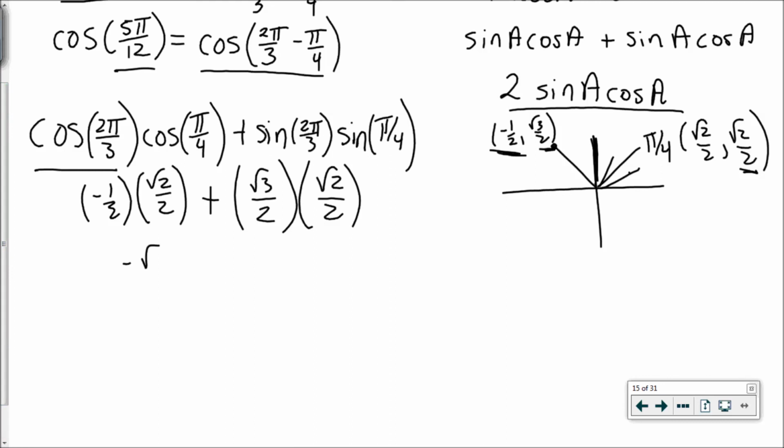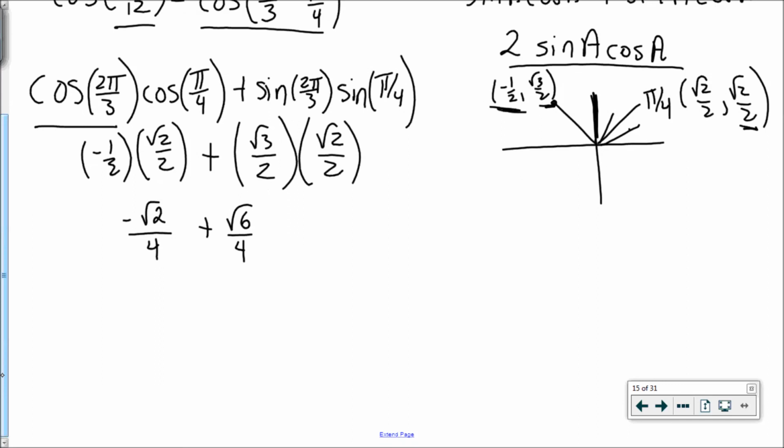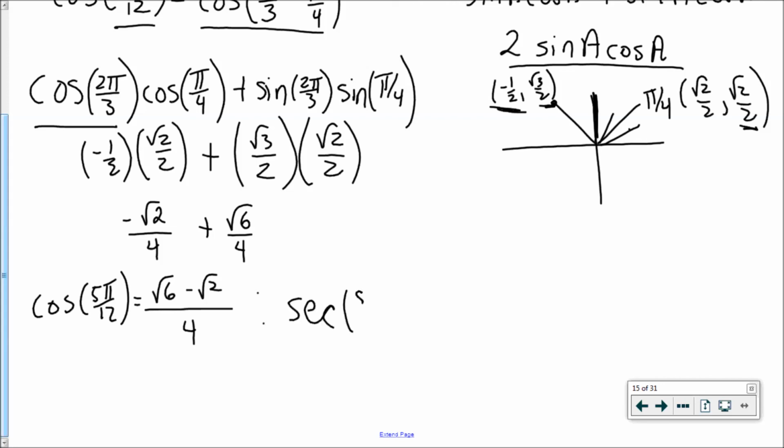So here I get negative root 2 on 4 plus root 6 on 4. And if I combine those, I'm going to have root 6 minus root 2, I've just swapped the order, all over 4. And that's the cosine of 5 pi on 12. So the secant, therefore, of 5 pi on 12 would just be the reciprocal, 4 on root 6 minus root 2.